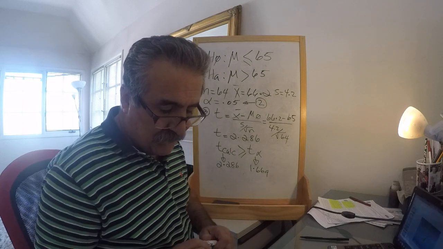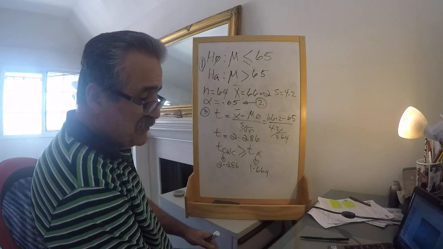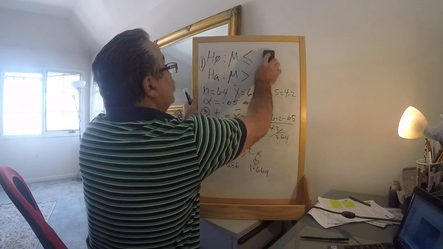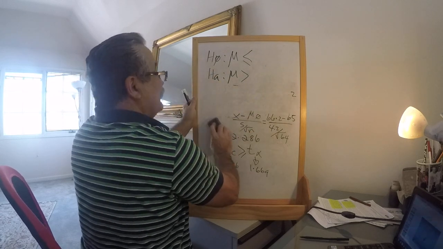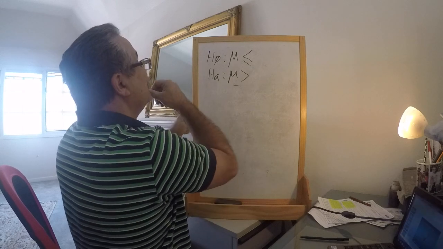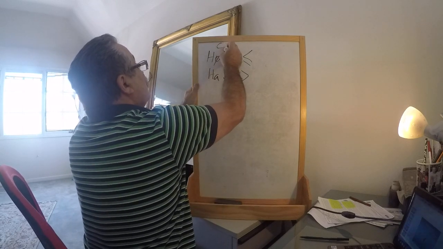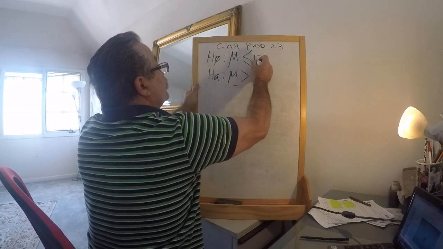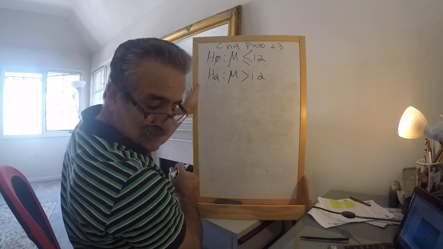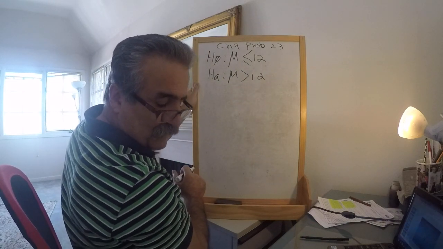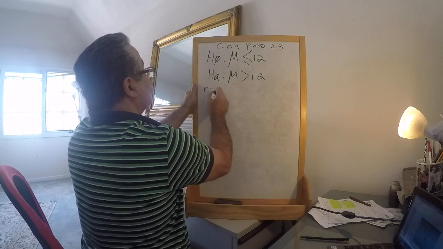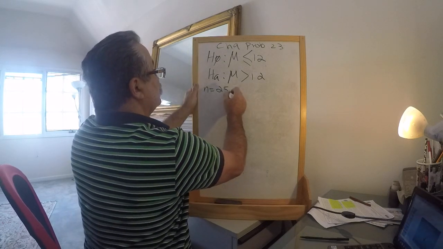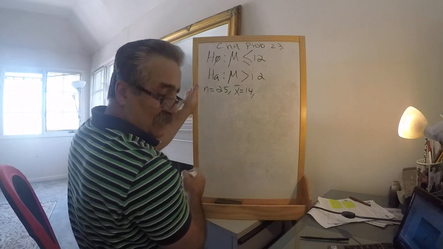So problem number 23, consider the following hypothesis test. So chapter 9, problem 23, this is 12 and this is 12. A sample of 25, n is equal to 25. A sample mean of 14, so x bar is equal to 14.